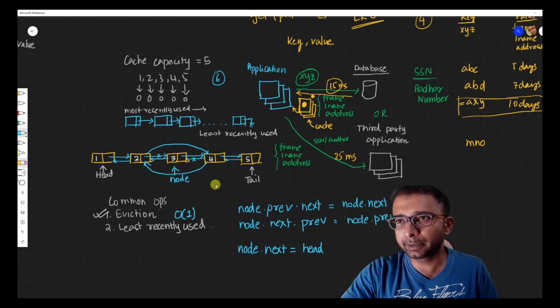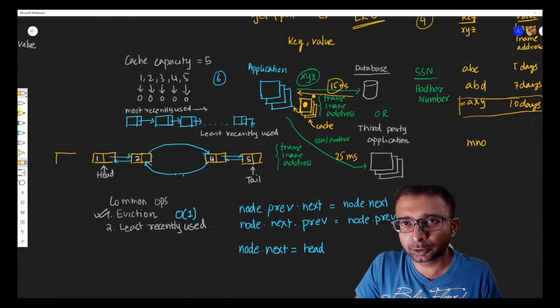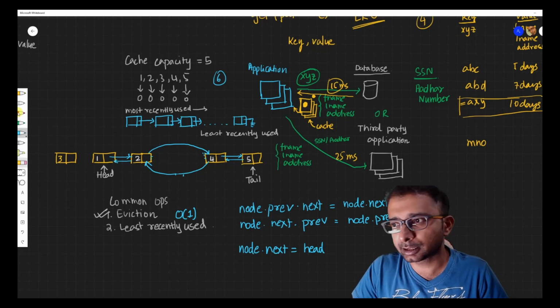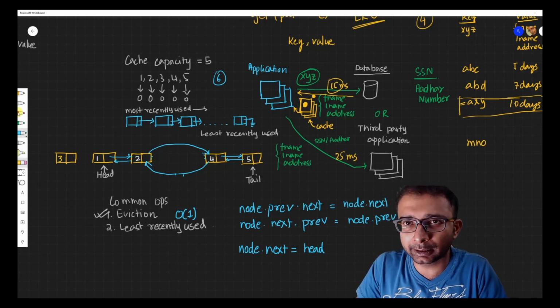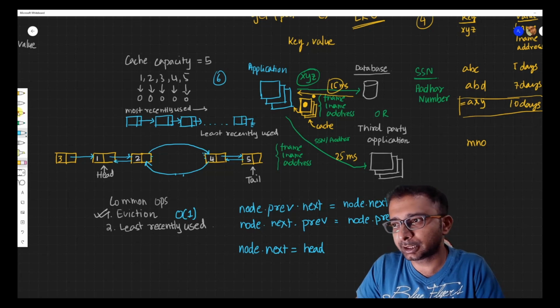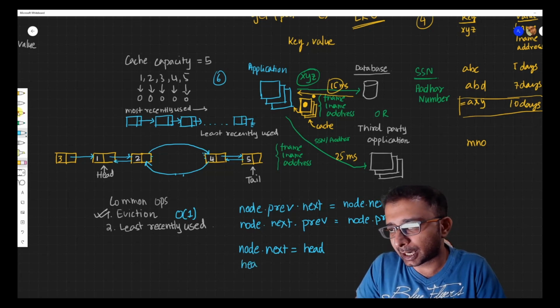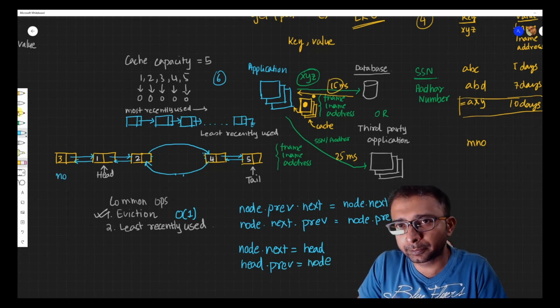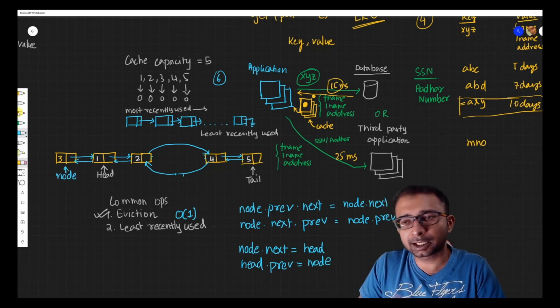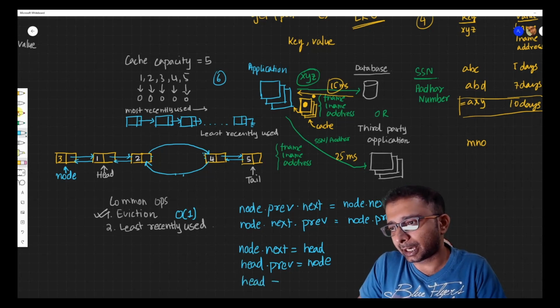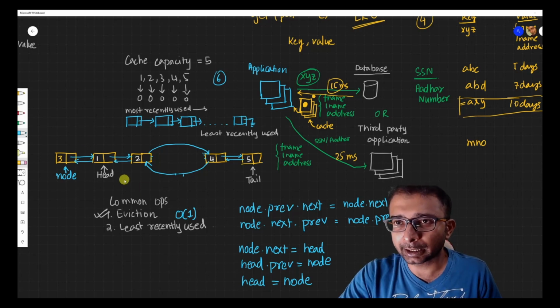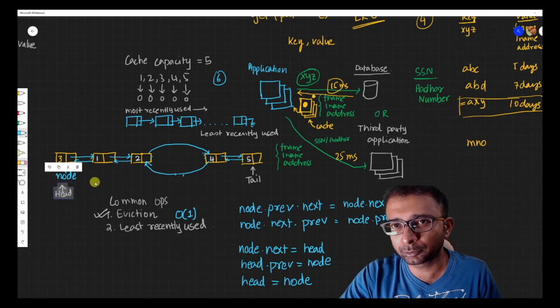This is my node over here, which has the value 3. I'm going to put node.next equal to head, meaning node.next is now pointing to this. And head.prev is pointing back to the node. Do keep in mind this is my node. And in the next statement, my new head is my node. So that will ensure that this head is making it point to the same node over here.